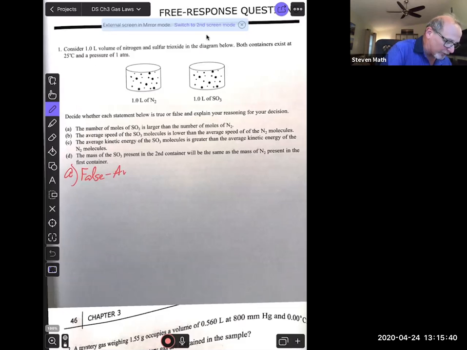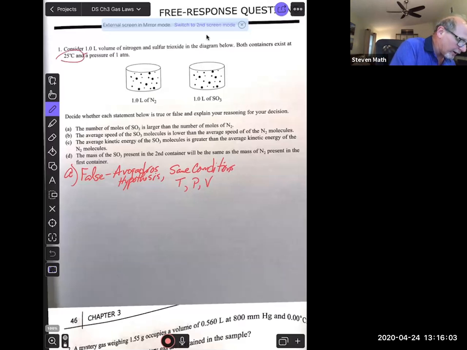Because of Avogadro's hypothesis, not just Avogadro's number, but Avogadro's hypothesis, which states that at the same conditions, what are those conditions, you ask? I'm glad you asked. The same conditions of temperature, pressure, and volume.